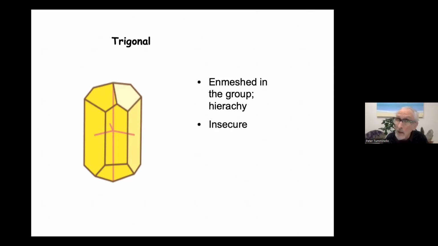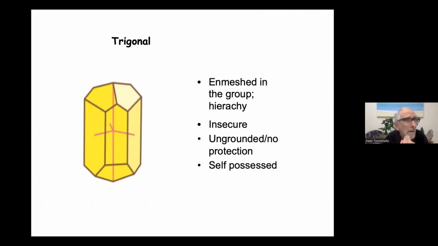They can be insecure, hence the group is a nice place. They often need protection or feel ungrounded. And their need is to become self-possessed, to express themselves as an individual without losing the group.